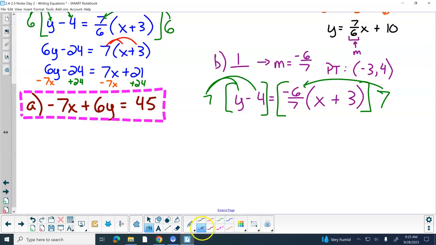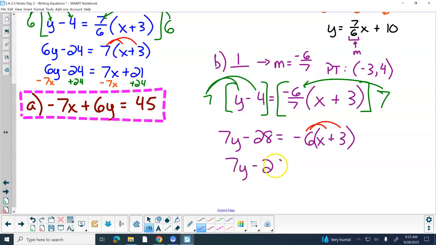That would give me then 7y minus 28 equals negative 6 times x plus 3. Distribute. 7y minus 28 equals negative 6x minus 18.